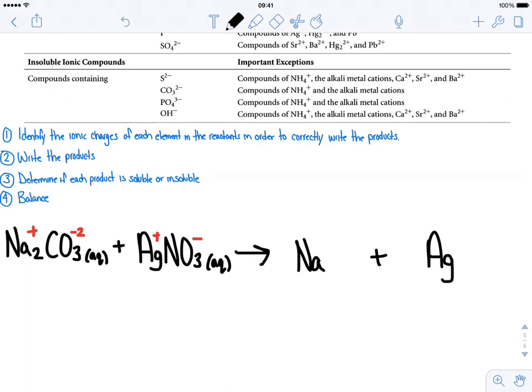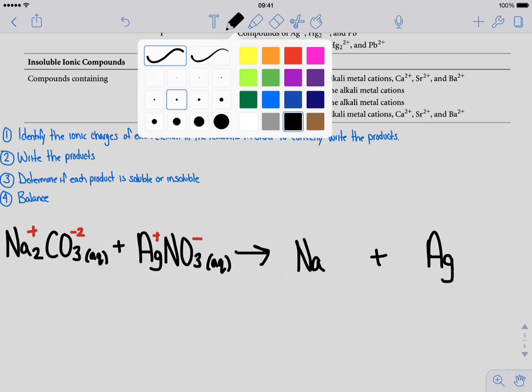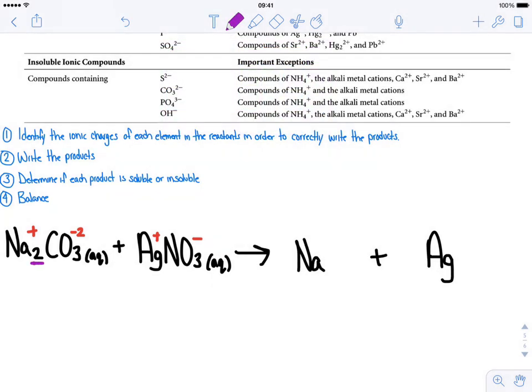Now, one big mistake that students tend to make is that they see a 2 right here, and so therefore they're going to put a 2 right here. And you do not want to do that. Just because there are a certain amount of an element on the reactant side does not mean that the subscript is going to be the same on the right-hand side. Remember, we add subscripts to deal with differences in charges of the ions.